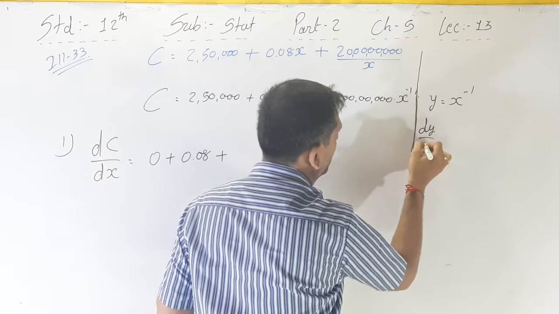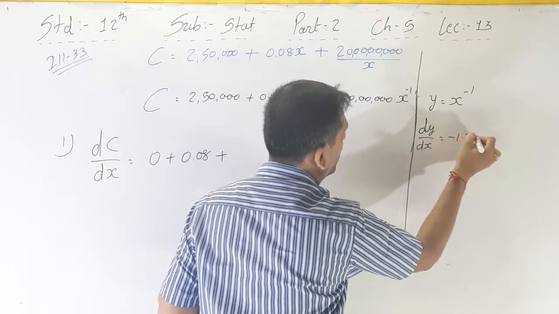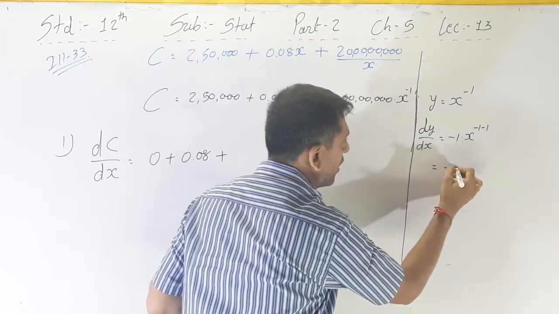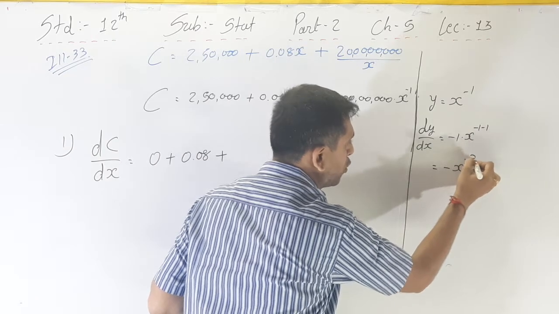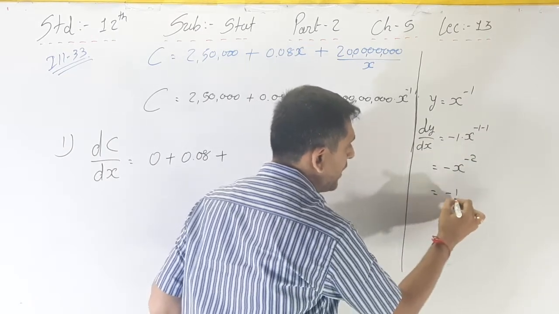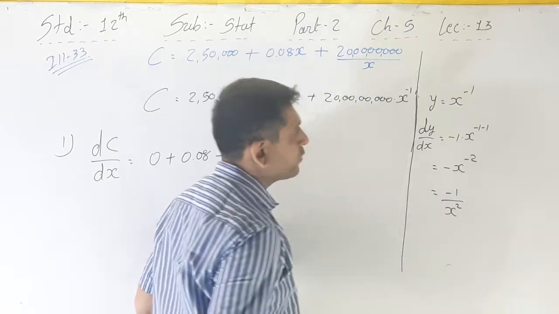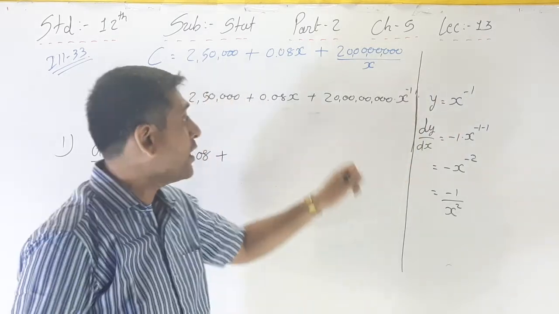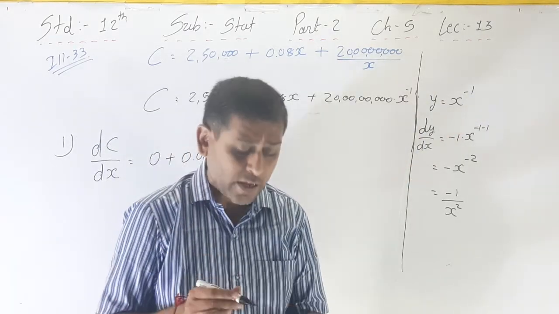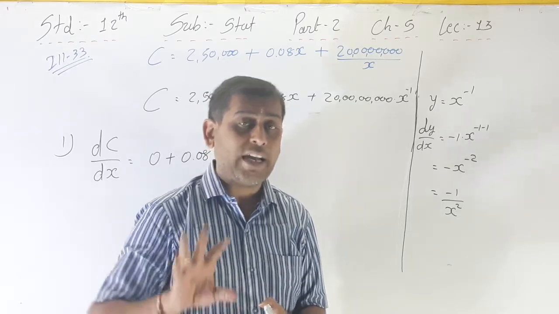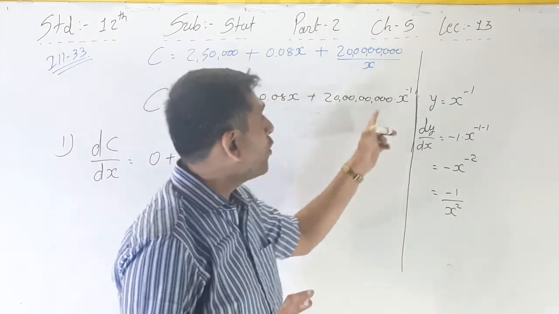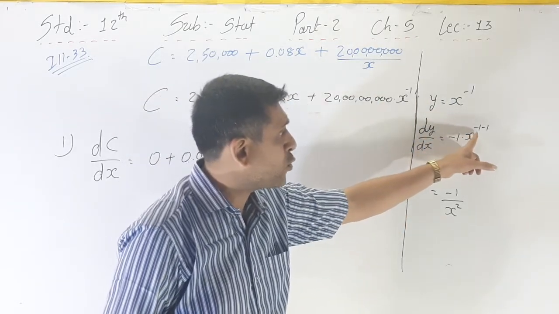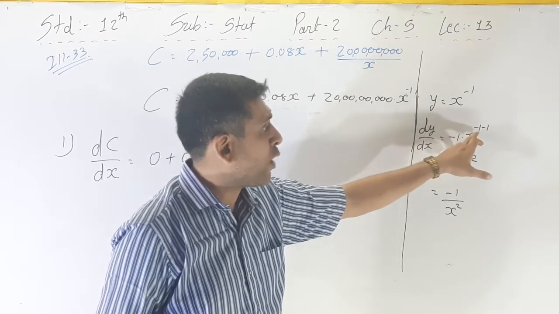So dy/dx = minus 1 into x raised to minus 1 minus 1, right? So what is the differentiation? Minus x raised to minus 2, so you can say minus 1 upon x raised to 2. See, this 20 crore is just multiplied with x raised to minus 1, so it stays as it is. What is the differentiation of x raised to minus 1? Minus 1 into x raised to minus 1 minus 1, n into x raised to n minus 1.